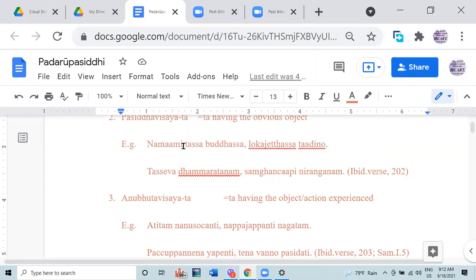So the example is here. Tassa Buddhassa. Tassa broadly modifies Buddha. Okay. Lokajitassa.